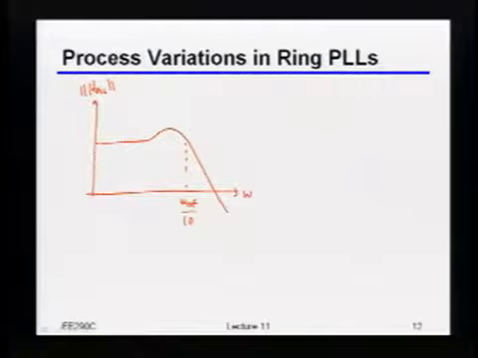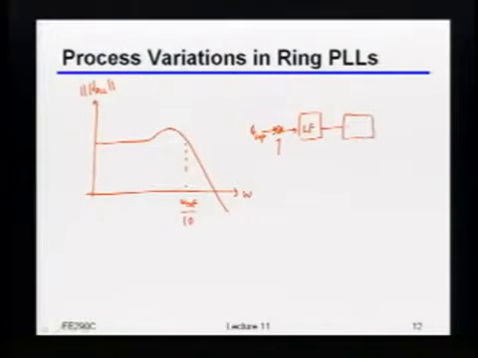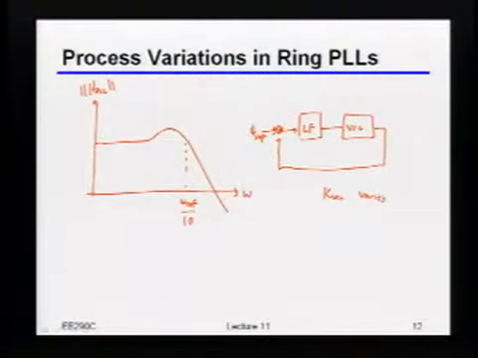I'll give you guys a hint. The way I got this bandwidth was by saying, okay, I had a phase detector, I had some loop filter, and then I went through some VCO. There we go. KVCO also varies. And in fact, it can vary a lot.